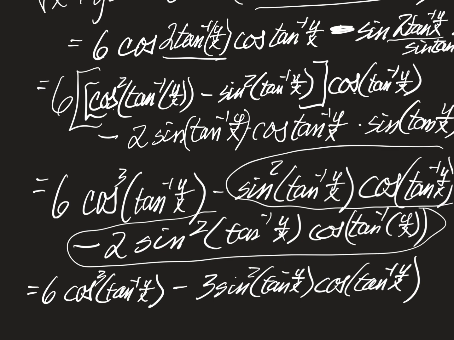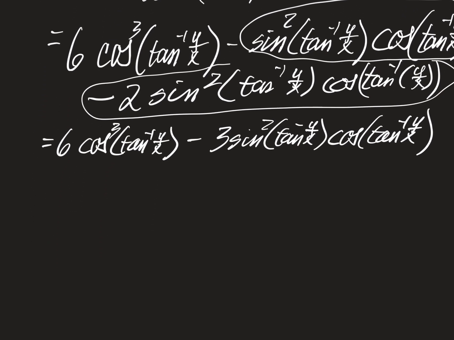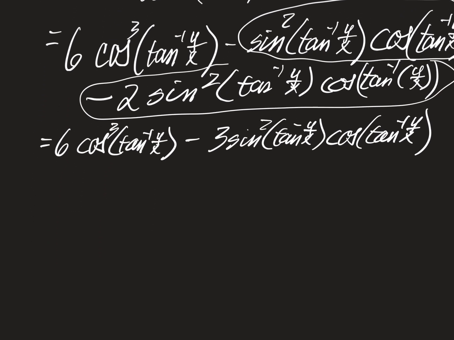Now, the reality is all I have to do is figure out what the cosine of the inverse tangent and the sine of the inverse tangent are. And both of those are easy. I can draw the triangle. This is y, this is x, this is square root of x squared plus y squared. So the cosine is x over that.